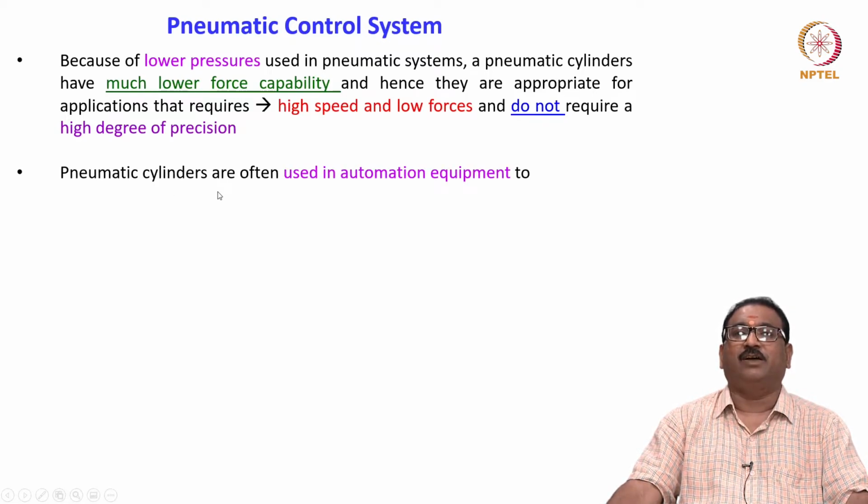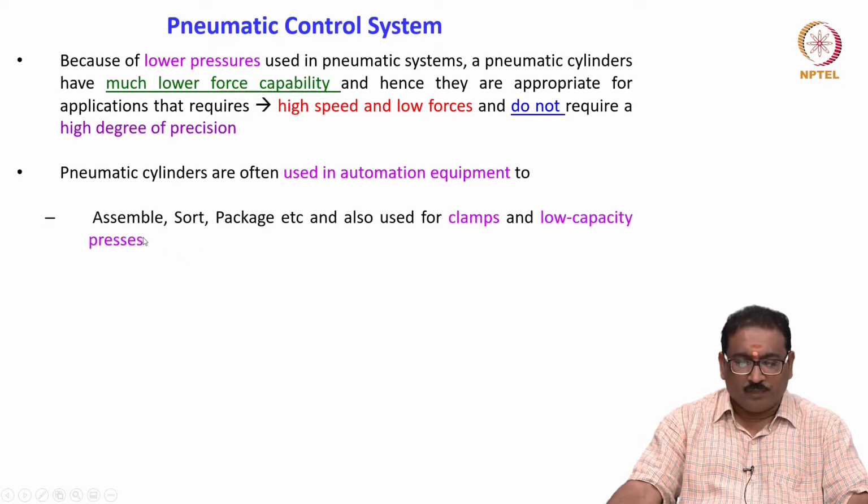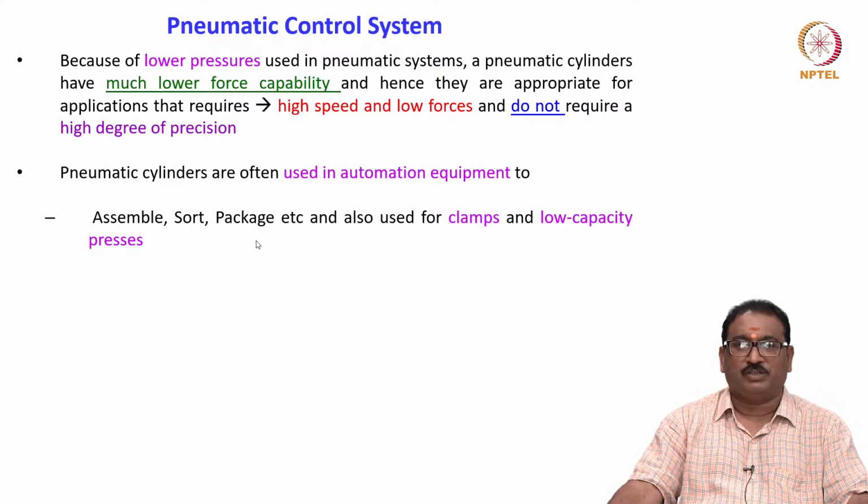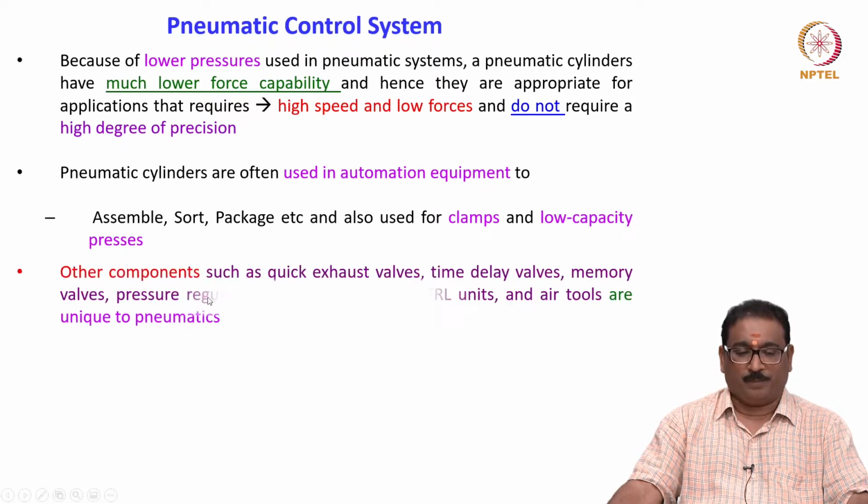Pneumatic cylinders are often used in automation equipment to assemble, sort, package, etc., and are used for clamps and low capacity presses, bending machines, and much more.